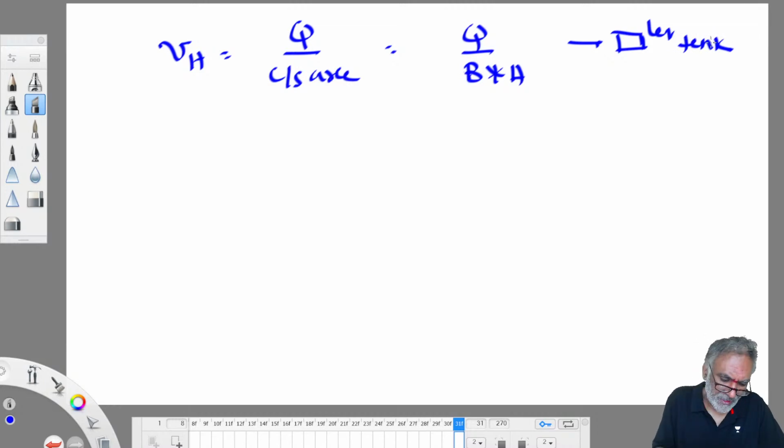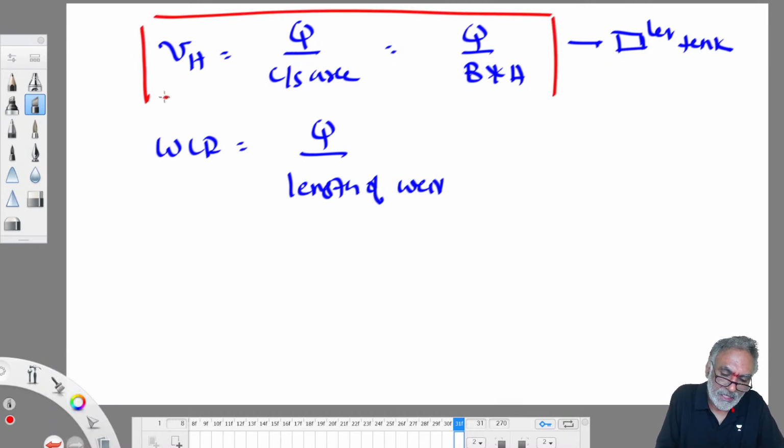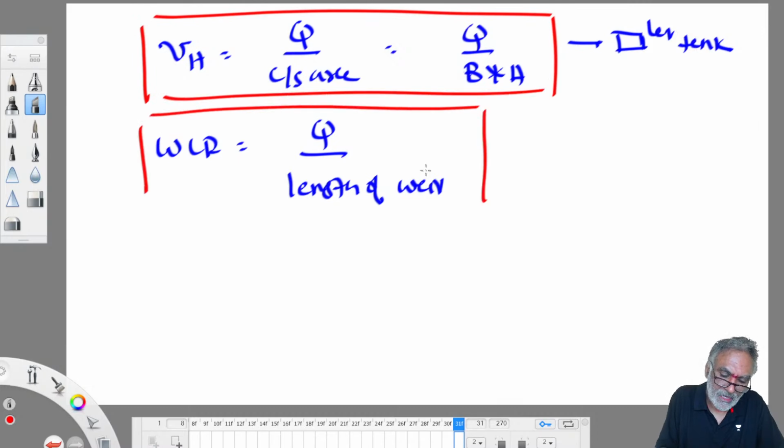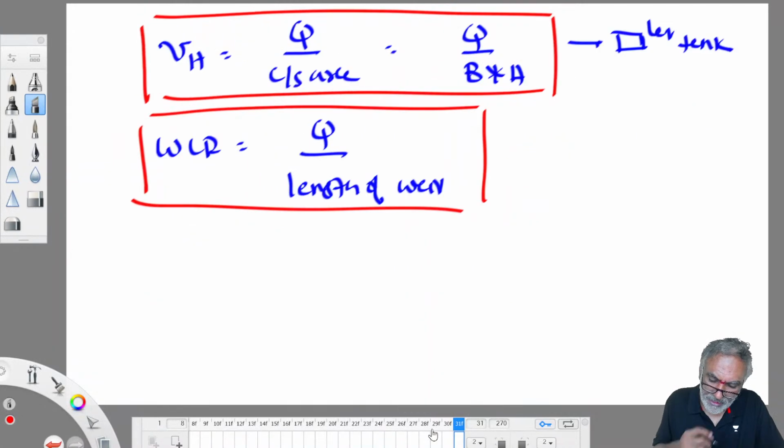Rectangular tanks are only important for us. Then in addition to that, what extra you need to remember is weir loading rate. WLR represents weir loading rate. Weir loading rate is equal to Q by length of weir. Based on all these formulas, we worked out numericals already.